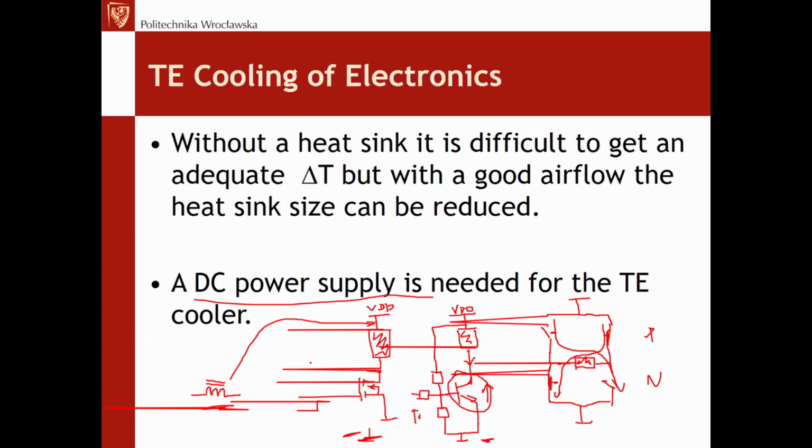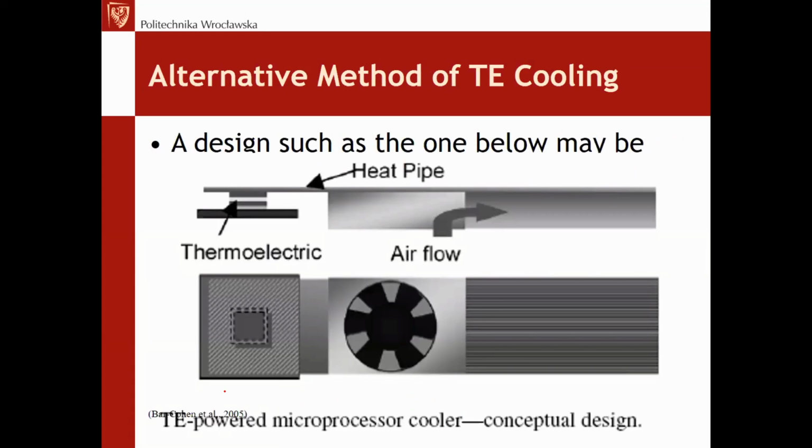It should be added here between the power supply source and the Peltier component, and then the efficiency of this circuit will be higher than without this component. So, a small practical remark.